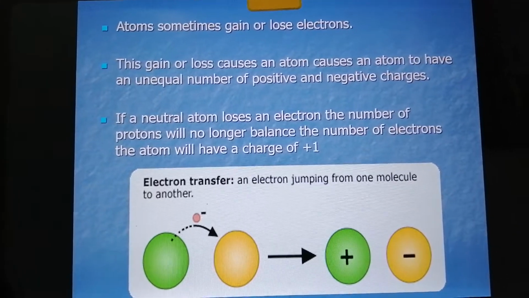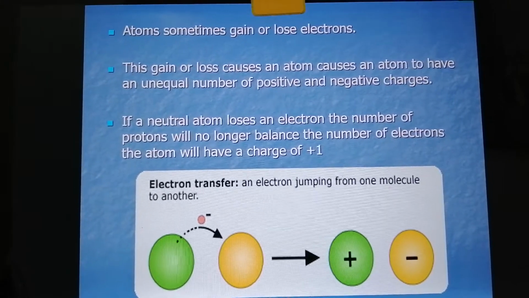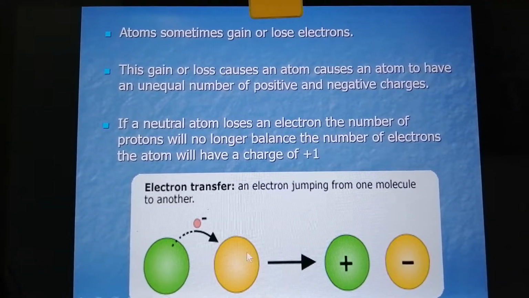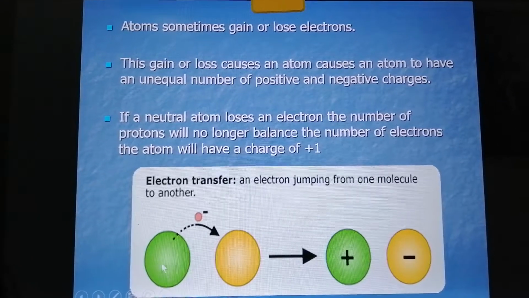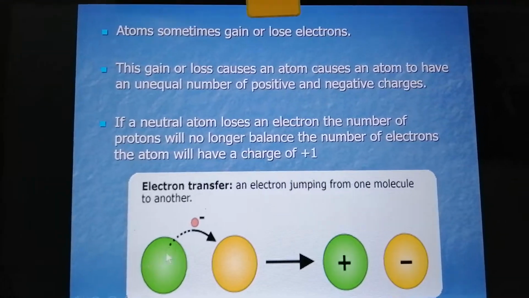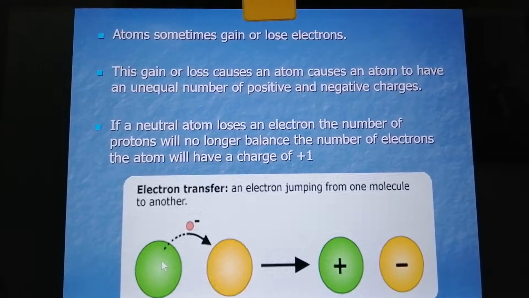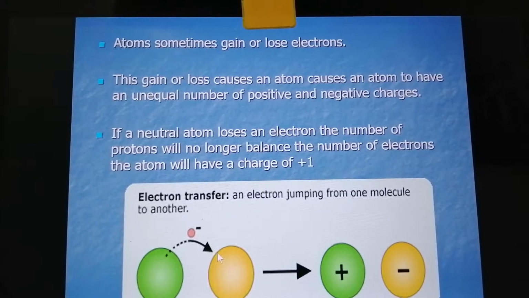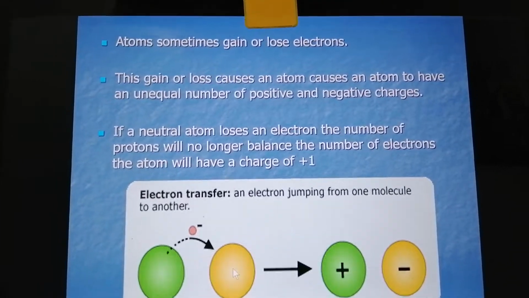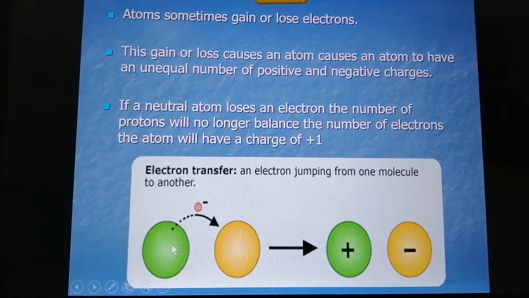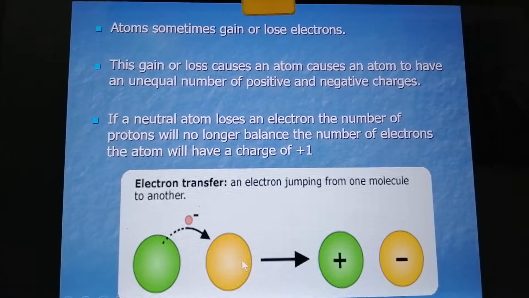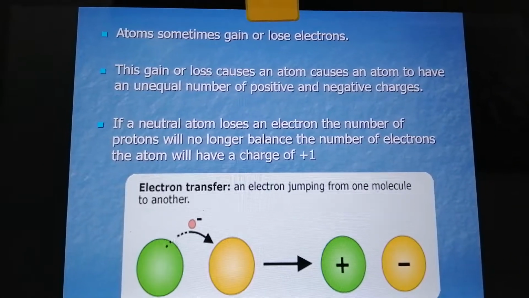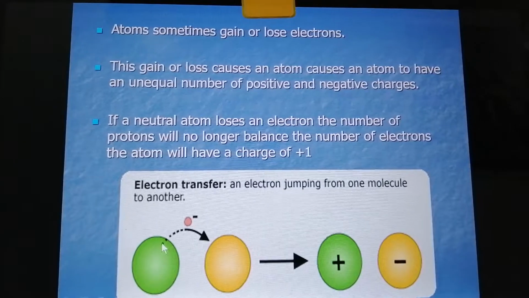Atoms sometimes gain or lose electrons. How? Atoms can lose if this atom has positive and negative charge. Now it will lose one of its negative charges to this atom. So this one will have more positive than this one. Let us say that this atom has 3 electrons and 3 protons.